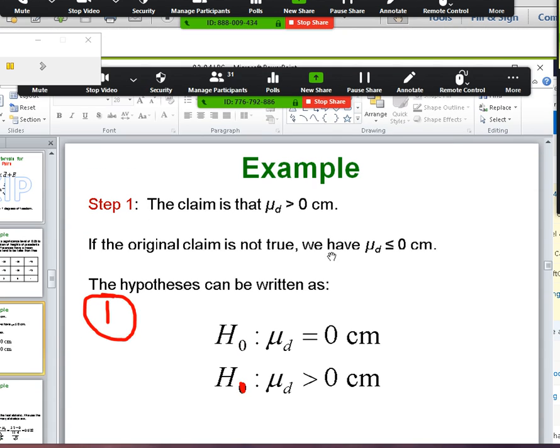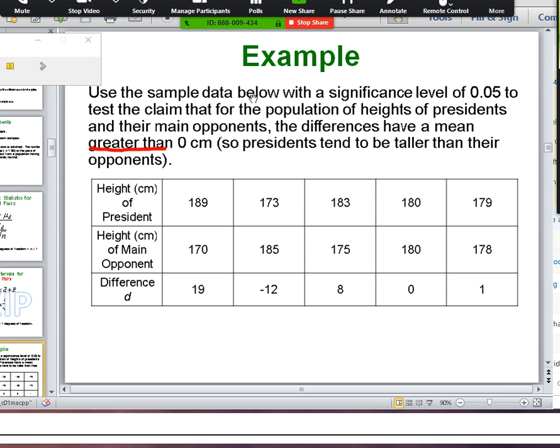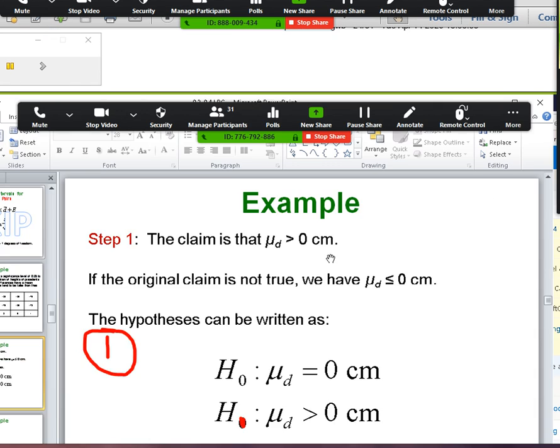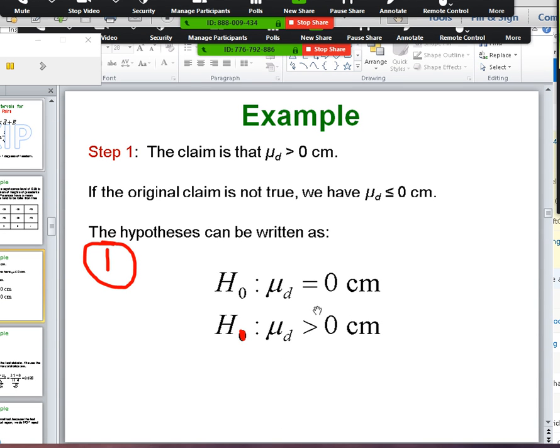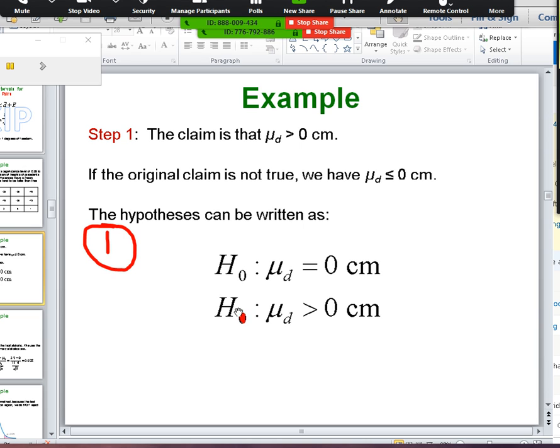So now, what we said in our claim was that the presidents were greater than their opponents. So in other words, mu1 is greater than mu2. So if I subtract them, then the difference is greater than 0. If you subtracted them, you'd end up with a number greater than 0. So that's my H1.